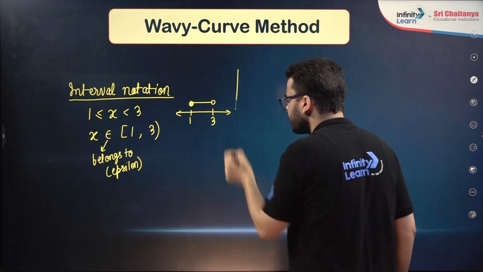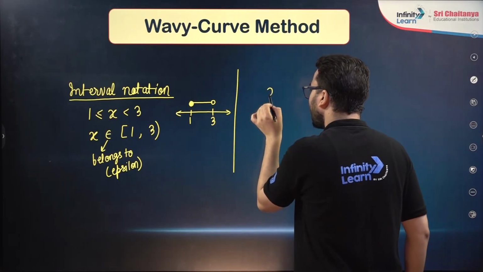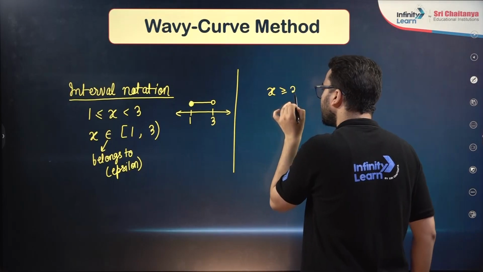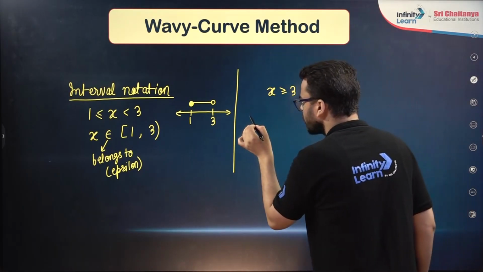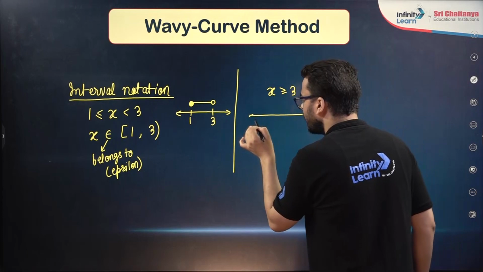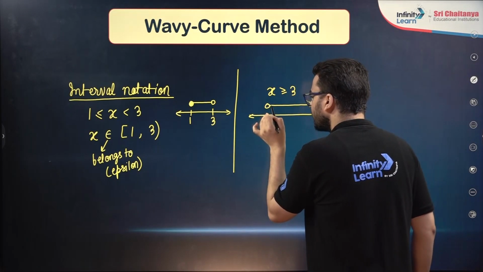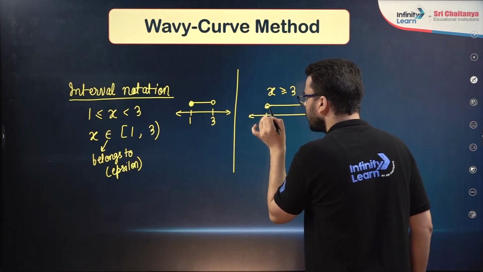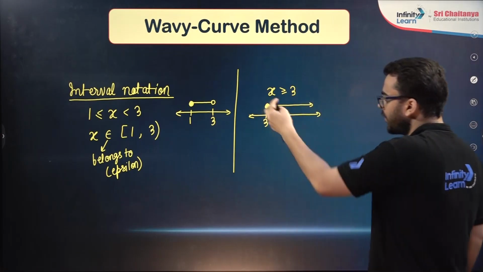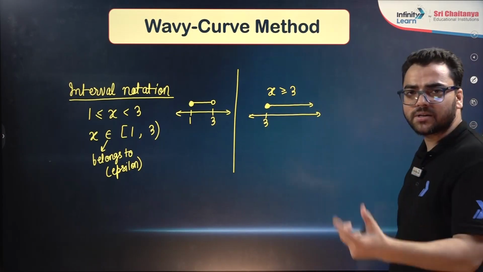For example, if I take x is greater than or equal to 3, how will it look on the number line? It's 3, so all the values starting from 3, and 3 is to be included because it is equal to 3 as well. But till when is it going, we don't know.